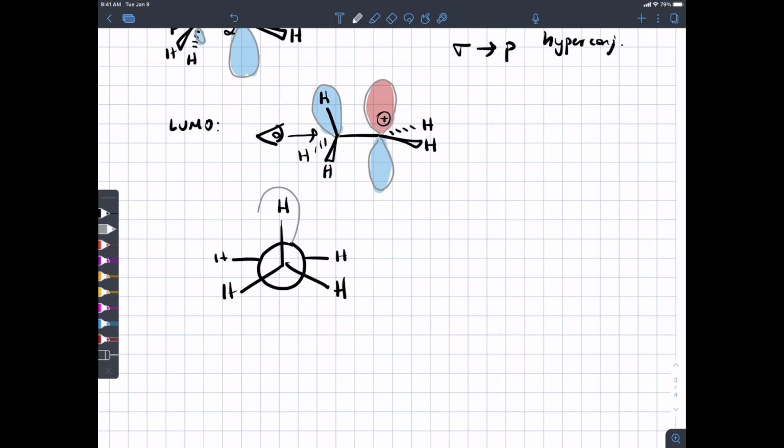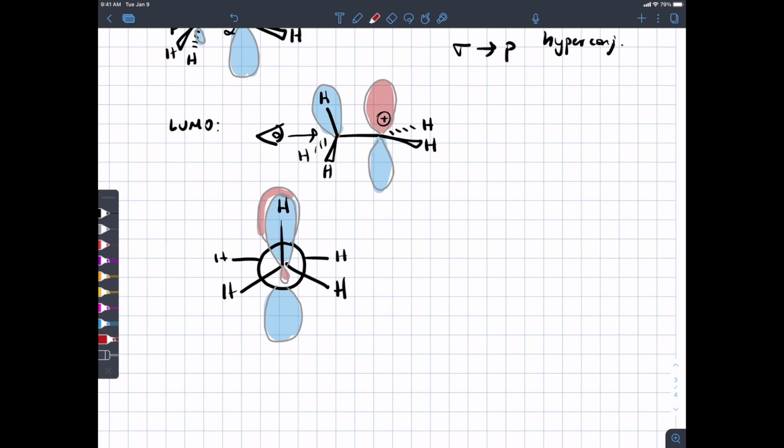The empty p orbital from that carbon would be here, and then the filled carbon-hydrogen orbital would be there. So what you're looking for is overlap of the sigma with the p. Okay, so they have to line up.